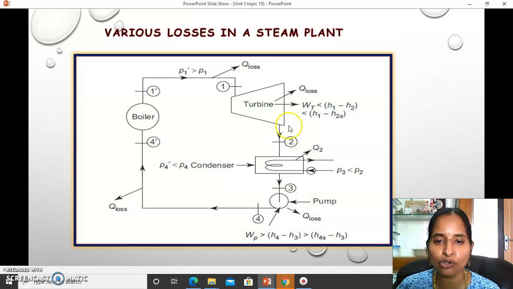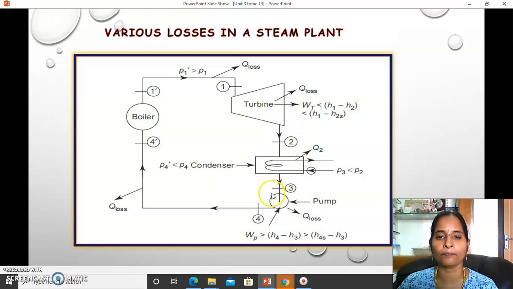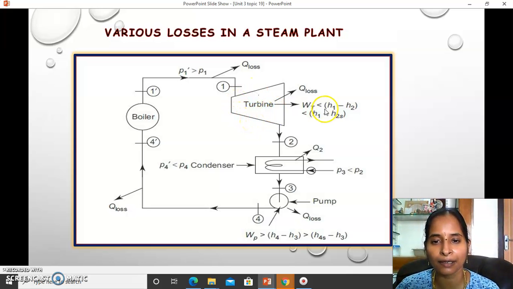These culprits, what they are doing is, actually the turbine has to give you, for example, 100 kilowatt of power for some mass flow rate of around 50 kg per second of steam, but it is delivering only 80 kilowatt, okay?